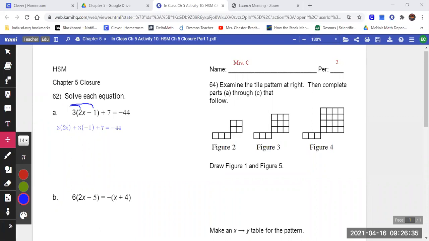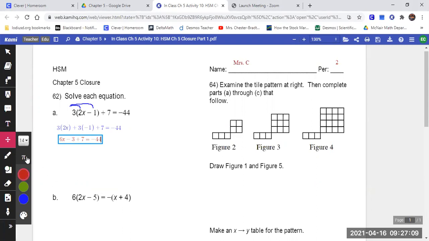We're going to solve the math. So someone other than Brian. What are we going to say? Yep, that it would be 6x minus the 3 plus the 7 equals the negative 44, right?